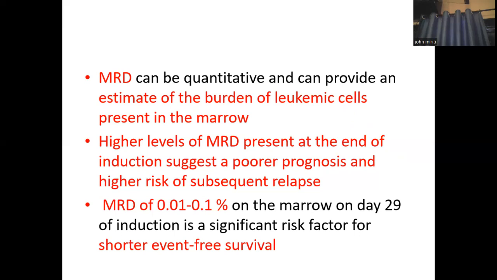A high level of residual disease at the end of induction suggests a poor prognosis and high risk of subsequent relapse. Minimal residual disease of 0.01 to 0.1% in the marrow on day 20 of induction is a significant risk factor for short-term event-free survival.